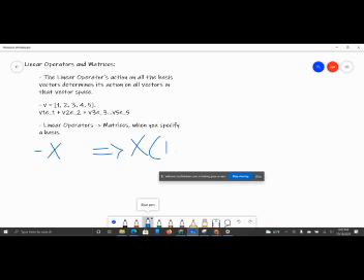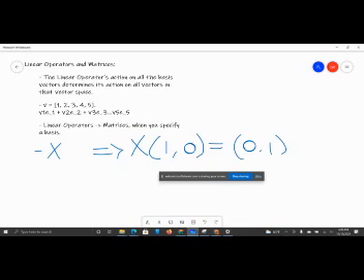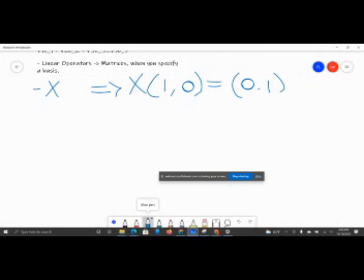What this linear operator does is it takes the first basis state that we discussed before, it takes 1, 0, and turns it to 0, 1. And then it takes 0, 1, and turns it to 1, 0. Okay?